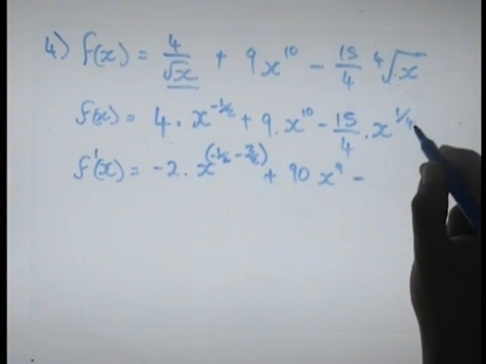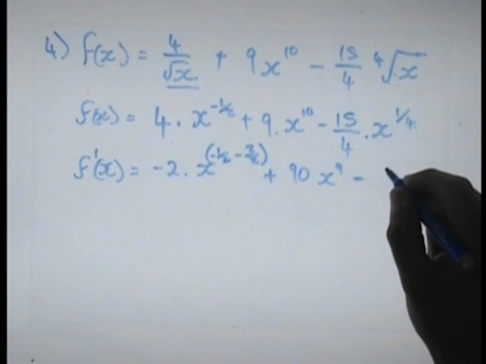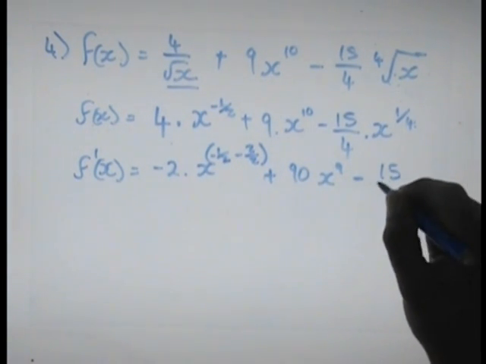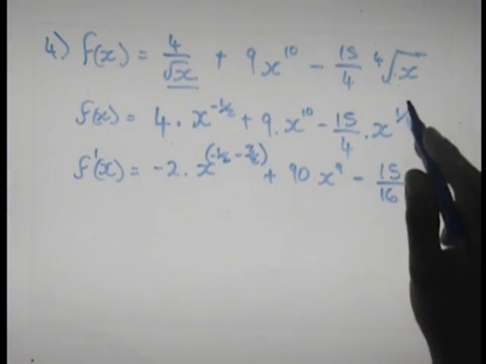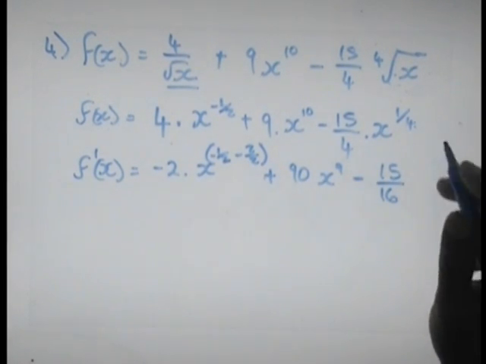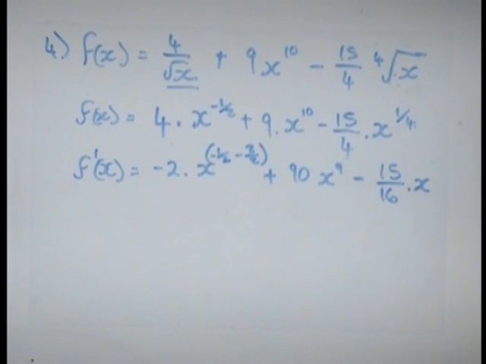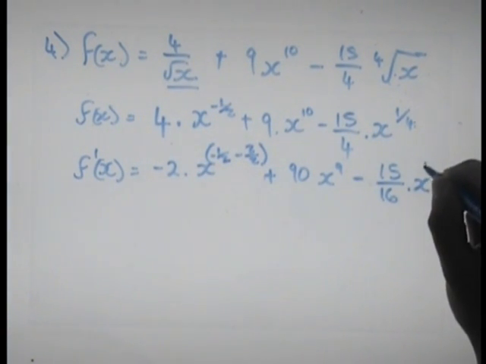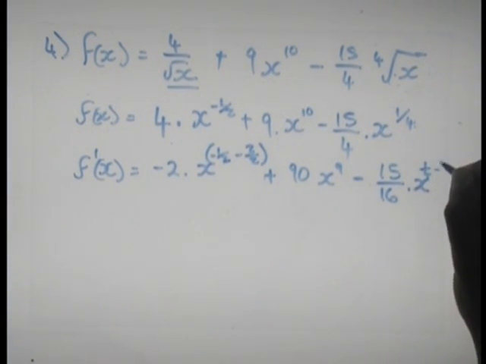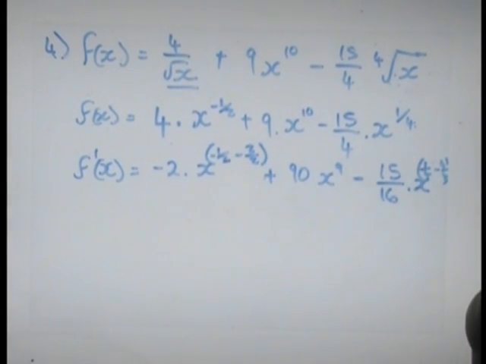Minus 1 over 4 multiplied by 15 over 4 is 15 over 16, multiplied by x to the power 1 over 4 minus 1, which is the same as 1 over 4 minus 4 over 4. And again, that's all part of the exponent.